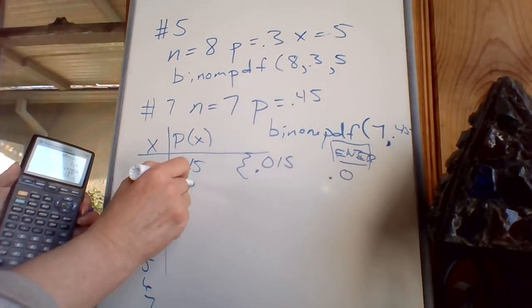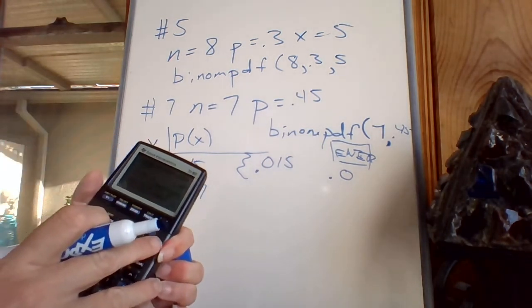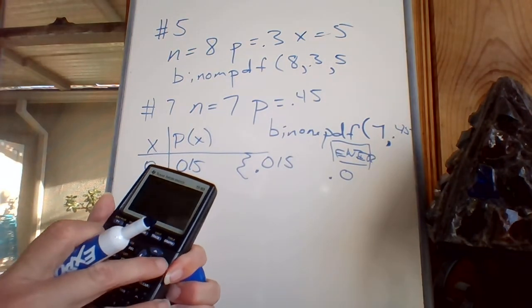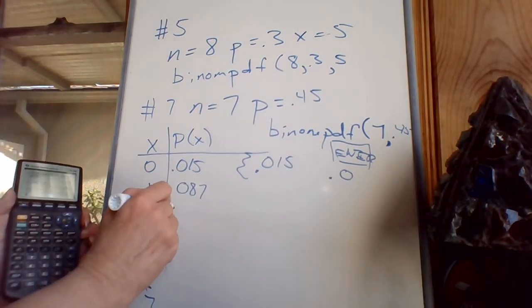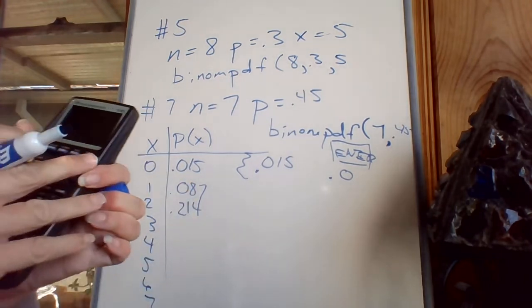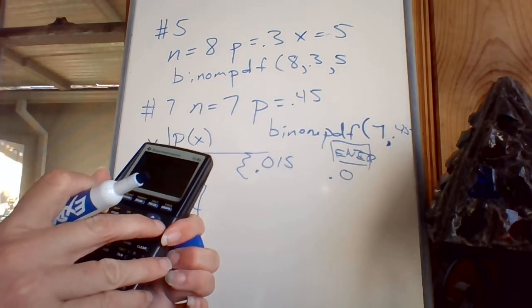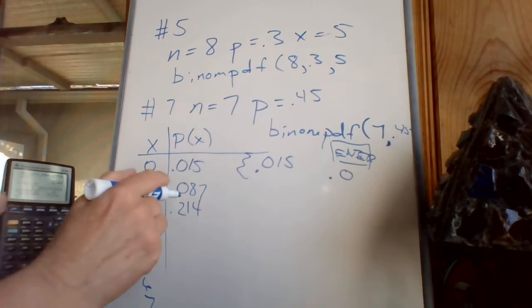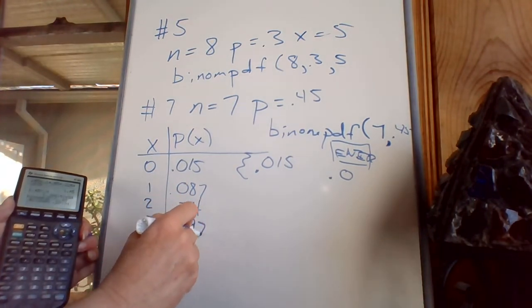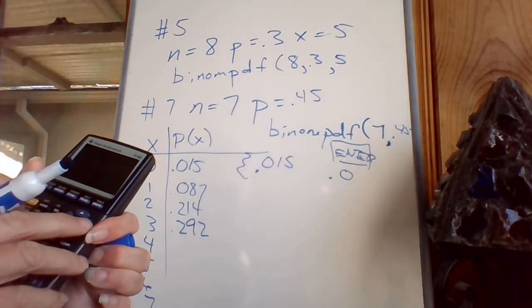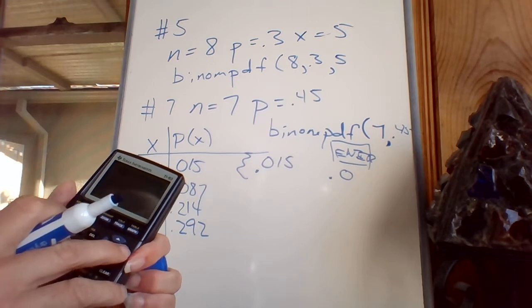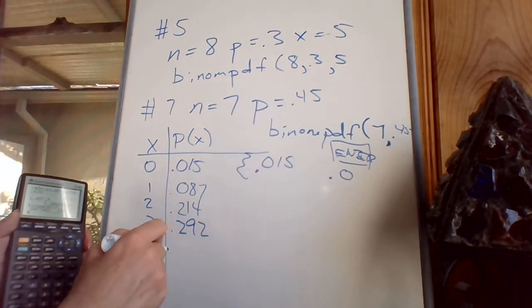and the next number I see after I've arrowed sideways a bit says 0.087. Arrow sideways some more, it says 0.214. Arrow sideways some more, it says 0.292, I'm rounding. Arrow some more, it says 0.239, I'll round up.